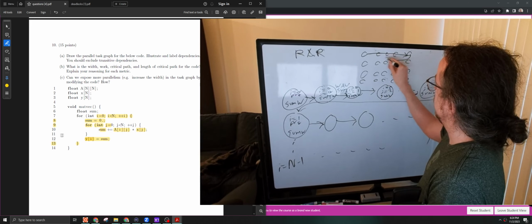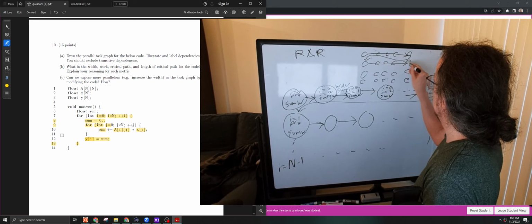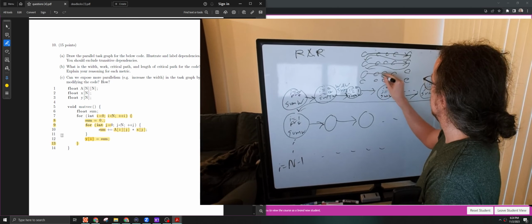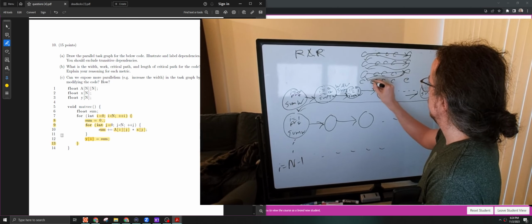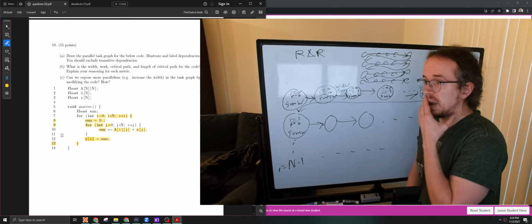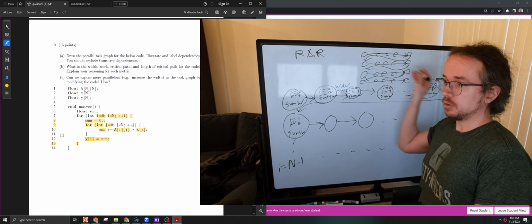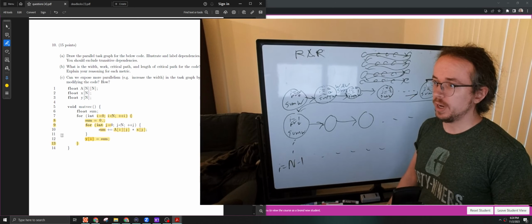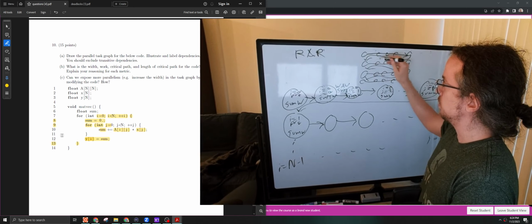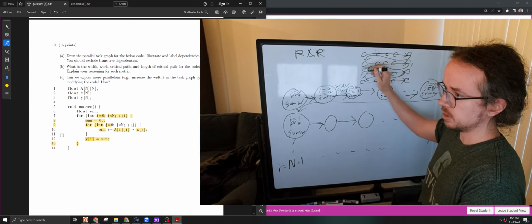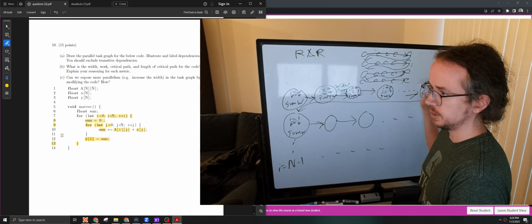Then loop back, and then loop, and then loop back, and then loop. And you find we zigzag through the whole thing. We have to go all the way to the end of one chain before we can start the next chain.